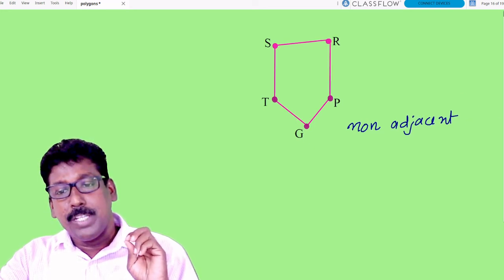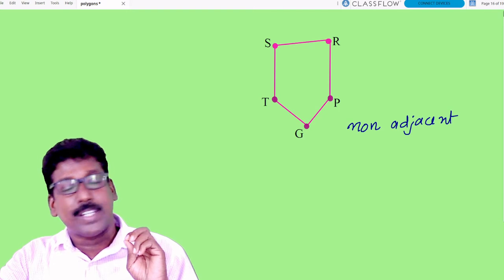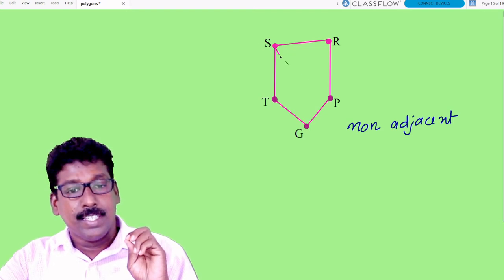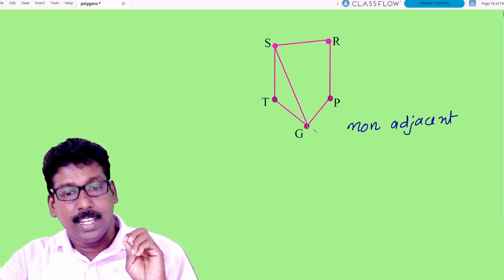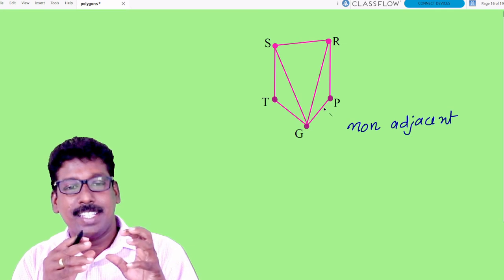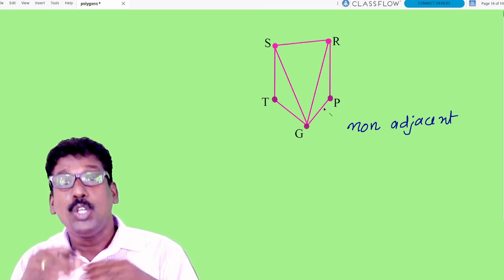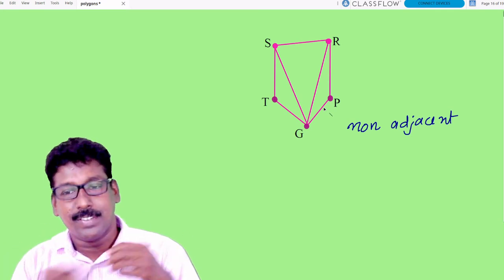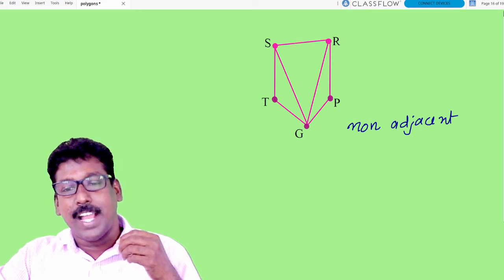Now let me join these two vertices, that is GS and RG. GS and RG are line segments joining non-adjacent vertices. This line segment has a name.